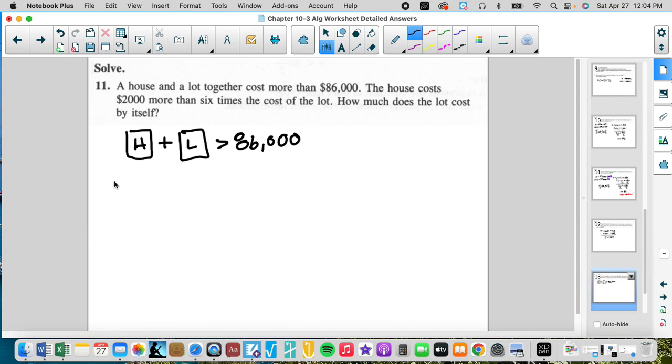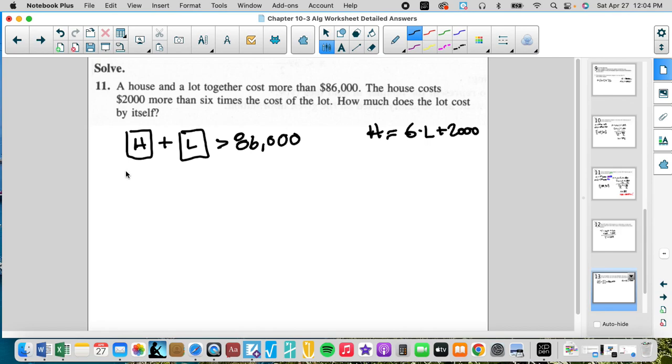So the house is 6 times the lot plus 2,000. The house costs 2,000 more than 6 times the lot.